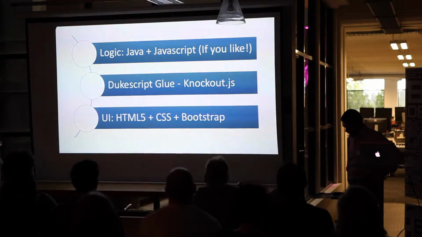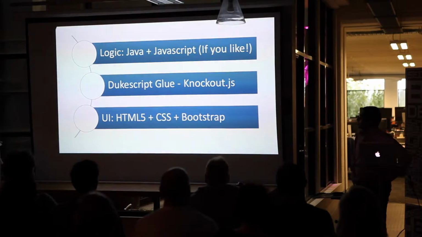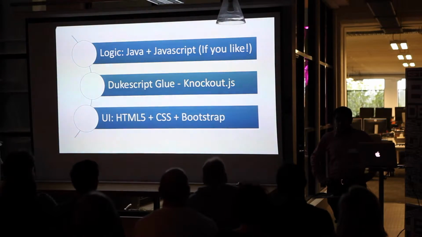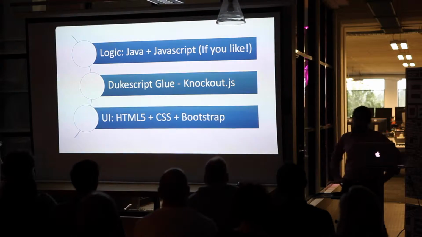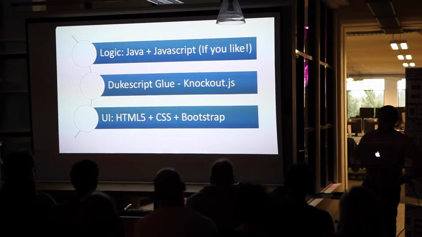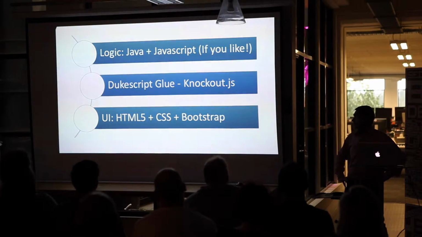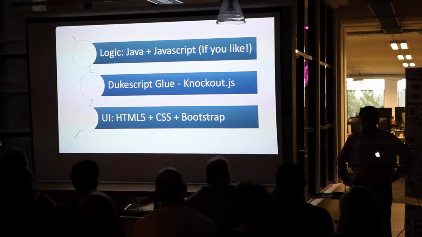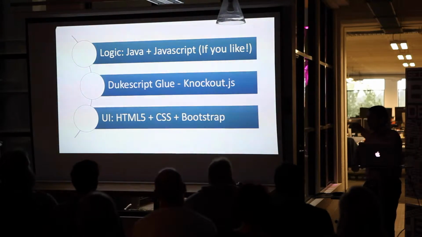So basically, you write your source code in Java, the logic is in Java. Still, if you like JavaScript, you can reference JavaScript from Java itself by reference callbacks. And then you design your front end in HTML5, CSS3, use Bootstrap or other JavaScript libraries, and DukeScript basically glues both the layers together.